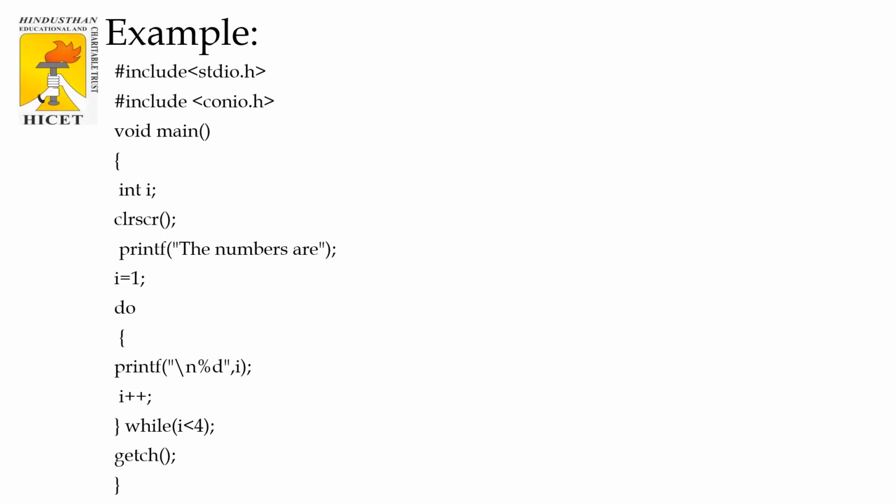Header files, void main, i declaration, then printf, then i equal to 1, the value is initialized. Then do. In the do loop, the printf i statement will be printed first. The first statement is i equal to 1, right? So it will print 1 first. Then i is incremented, then check the condition. i incremented to 2, 2 less than 4.